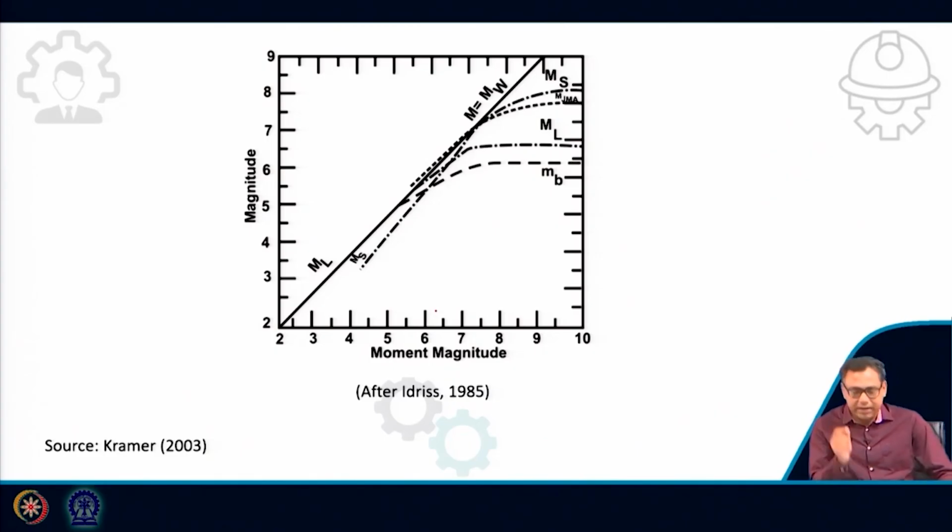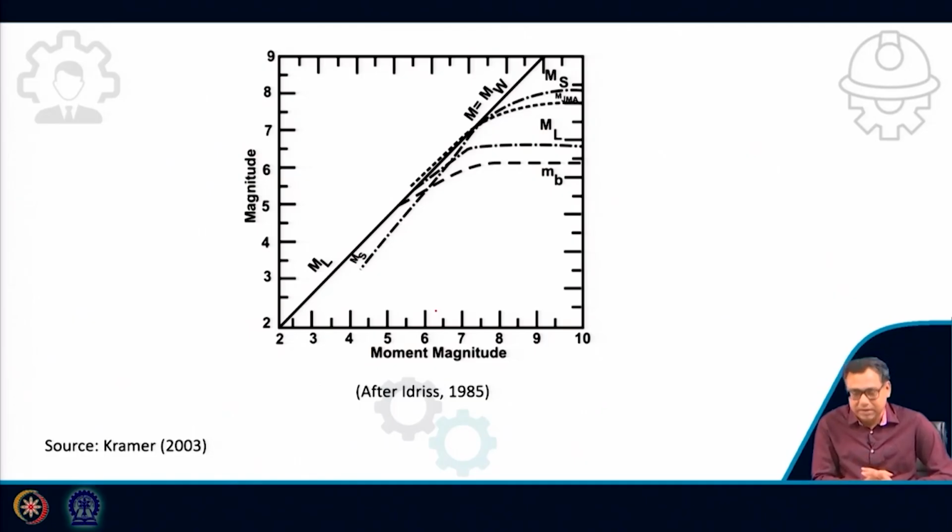Here you know that some saturation issue is there, so the local magnitude or the surface wave magnitude or the body wave magnitude we cannot use for all the cases. They have some limitation, but the moment magnitude is the only magnitude where no saturation takes place, so we can use it for all the cases and specifically for larger earthquakes.